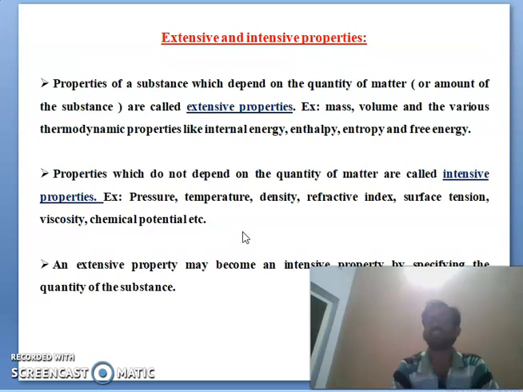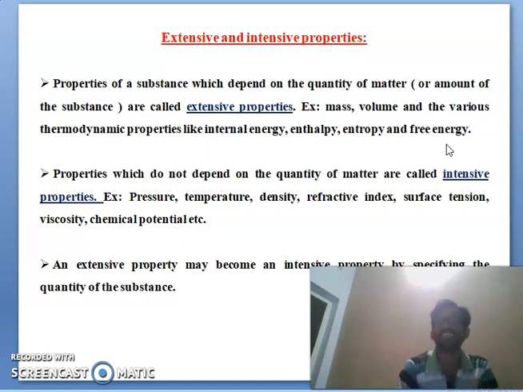Next one, the general terms extensive and intensive property. What is an intensive property? What is an extensive property? And examples. These will be compulsory in every competitive exam. Properties of a substance which depend upon the quantity of matter or amount of substance are called extensive properties, like mass, volume, and thermodynamic properties like internal energy, enthalpy, entropy, and free energy.